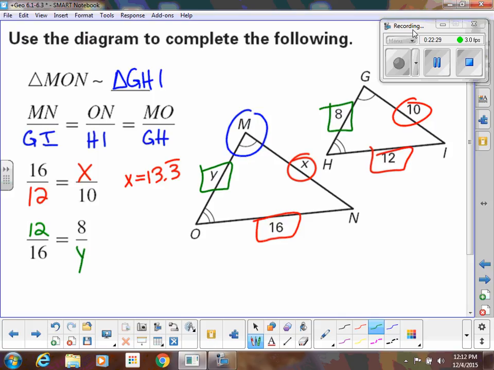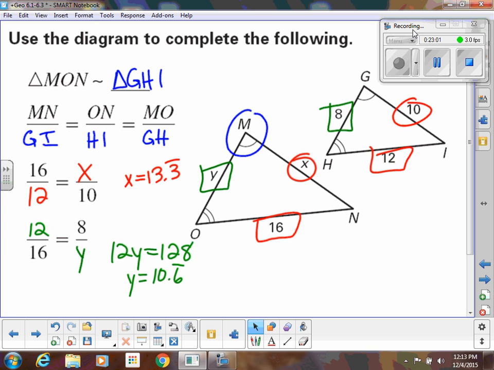So again, if I cross multiply and solve, 80 plus 48 would be 128. Divide by 12. So I'm getting 10.6 repeating, or 10 2/3. Okay, so that's how we can set those up.